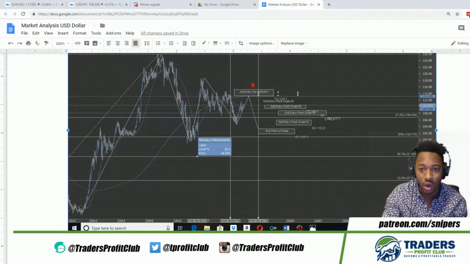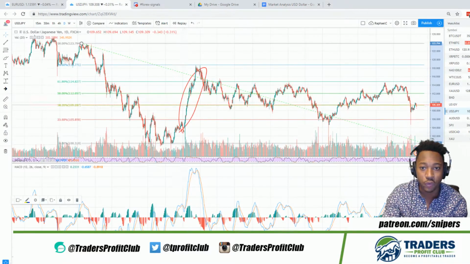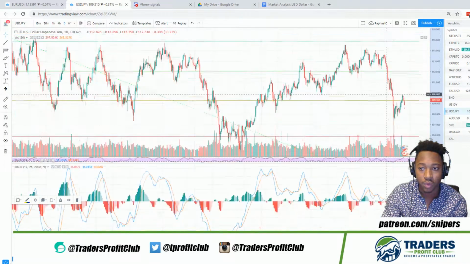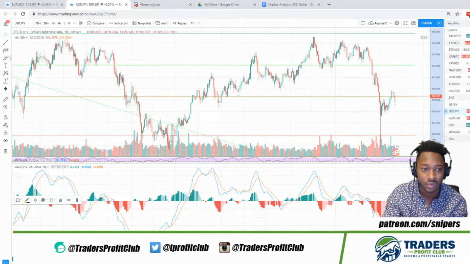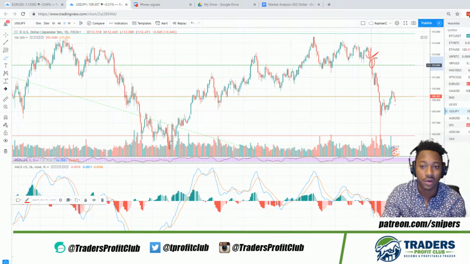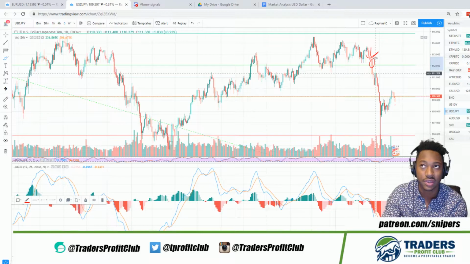Market price was at 113. I said that the sell entry on the USD/JPY was going to be at 113. When was the sell entry? 113. This was 6 months ago.